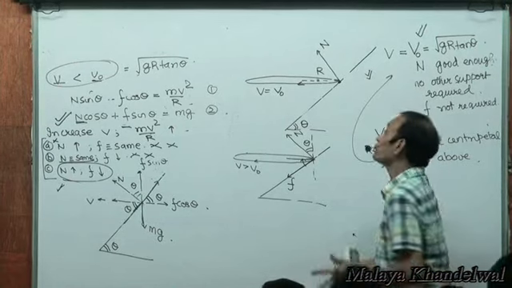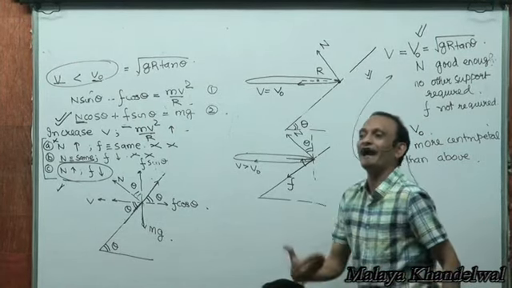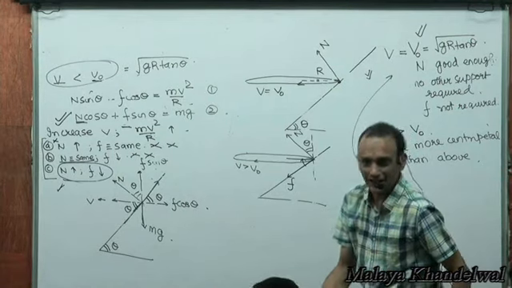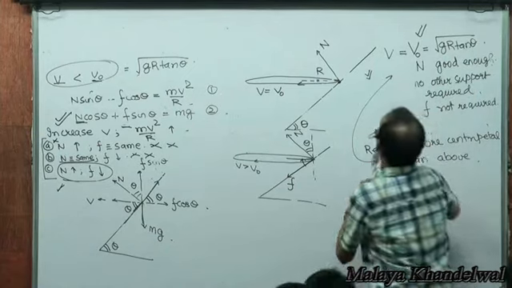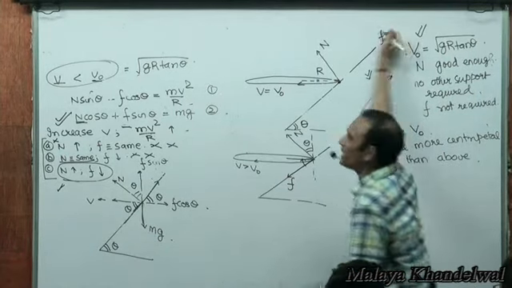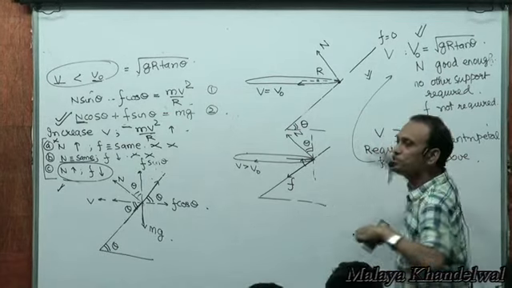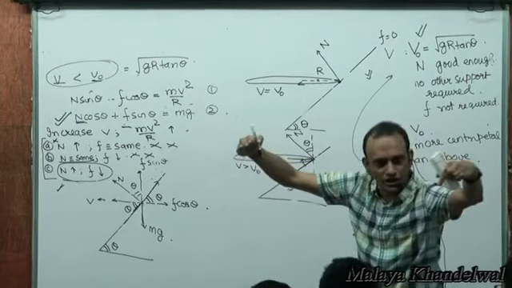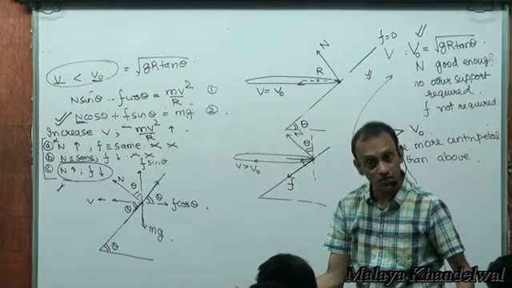Means what? Friction will become 0 because normal reaction all by itself can handle root g r tan theta. Yes or no? In my attempt to increase v starting with a value much smaller than root g r tan theta, I reach a state of root g r tan theta. Friction decreases gradually and eventually becomes 0.